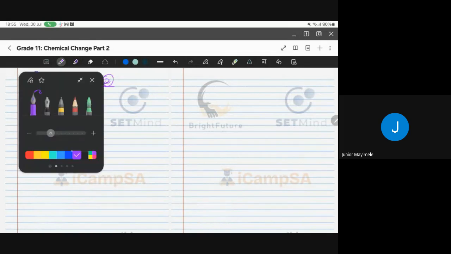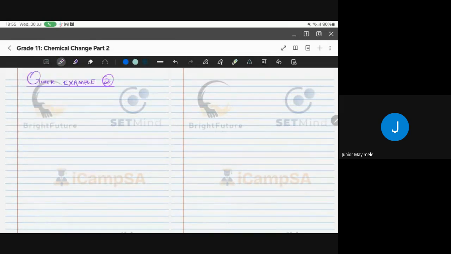You guys probably haven't done those yet, but for the sake of this example, it should be fine. Let's say you have CH4. For every combustion reaction, you need to have oxygen, right? And you'll always produce carbon dioxide and water. CH4 is a gas, by the way. It's methane gas.